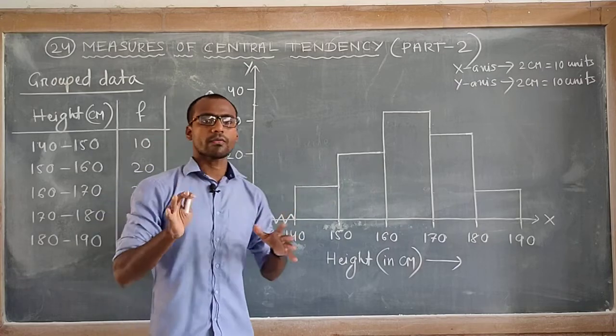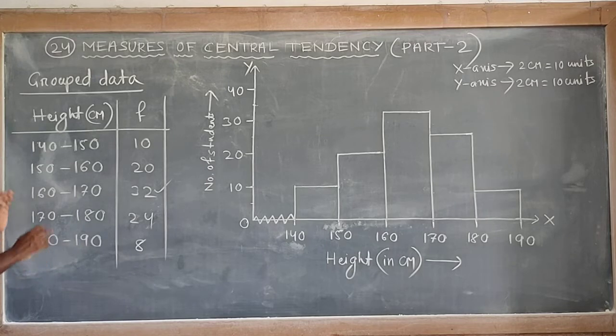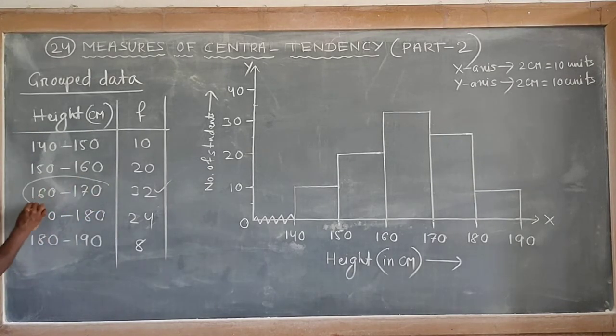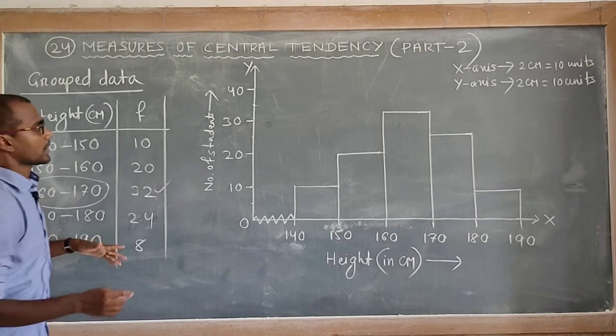After that, how to find the mode? See, from the table you can see the class interval which has the highest frequency. This is the class interval having the highest frequency 32. This class interval is called the modal class.